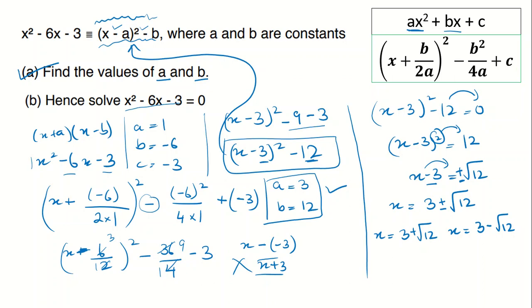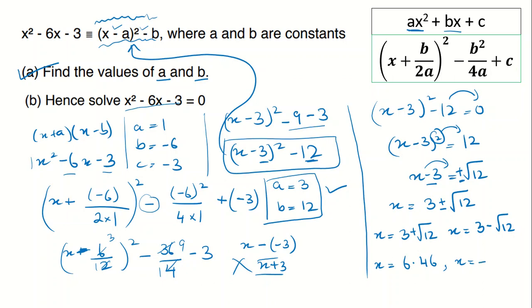So I'm just going to do 3 plus square root of 12. It gives me something like 6.4641 and so on. So you can just round it to three significant figures, so I'm going to keep 6.46. Another value of x: if I do the same thing with a negative square root of 12, then 3 minus square root of 12 this time is going to give me negative 0.464 and so on.